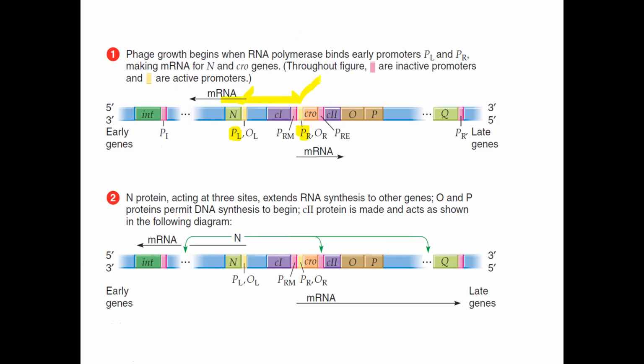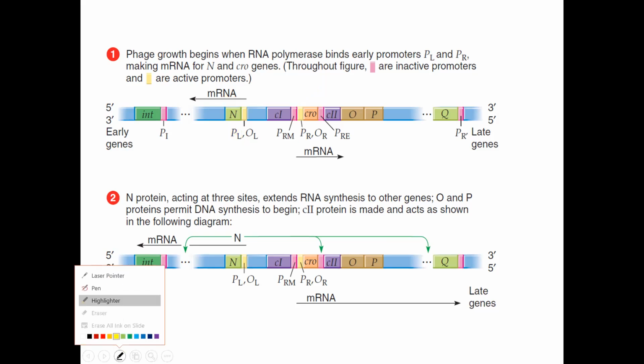So initially only these 2 promoters are active, promoter left and promoter right, and the RNA polymerase can sit on these 2 promoters.